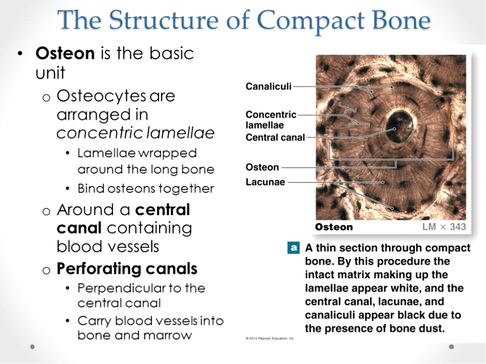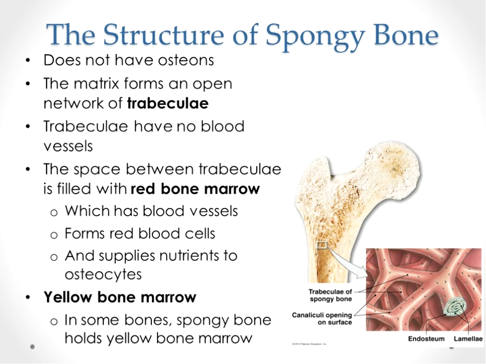Right? There will be connections for this central canal with other central canals, and to get the blood supply to connect to those other vessels, that's where our perforating canals, that run perpendicular to the central canal, are going to be located.